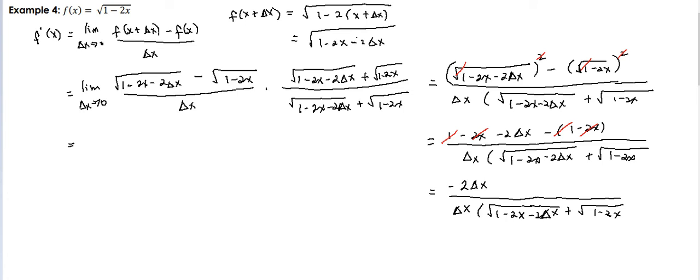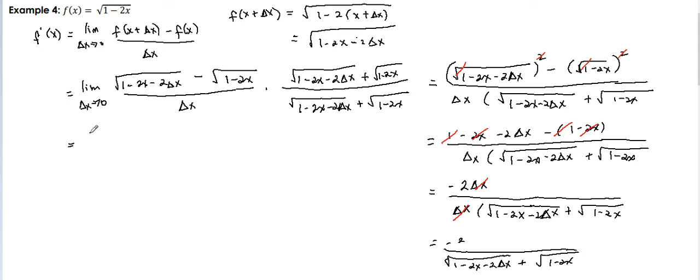Okay? So again, we can cancel delta x. Ang maiiwan na lang ay negative 2 all over square root of 1 minus 2x minus 2 delta x plus square root of 1 minus 2x.